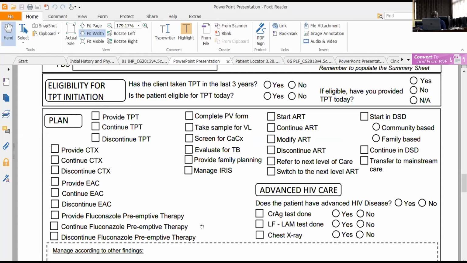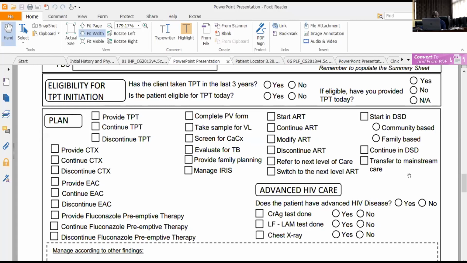Then you can either start ART, you can continue ART, you modify or you discontinue, or you refer to the next level of care. Then you can start in DSD using the IHAP, and the type could be community-based or family-based, or whether you transfer to the mainstream care.